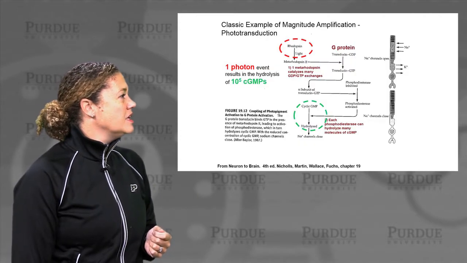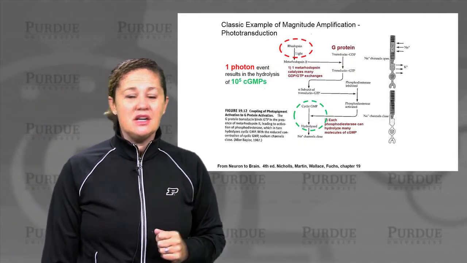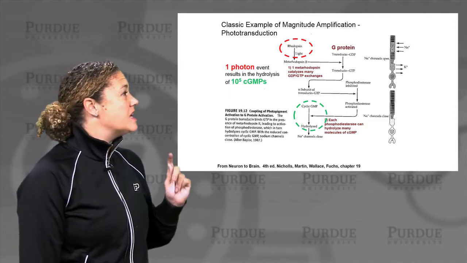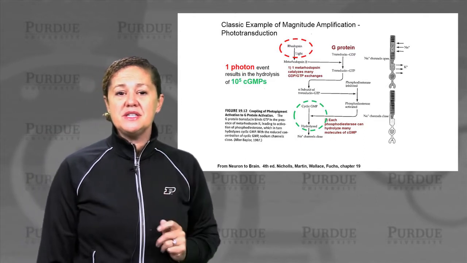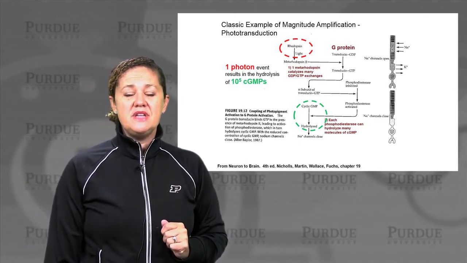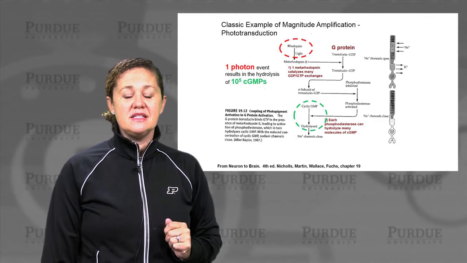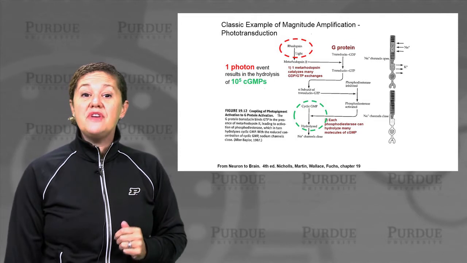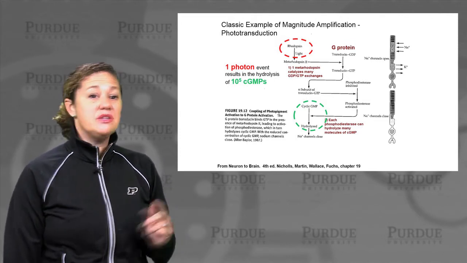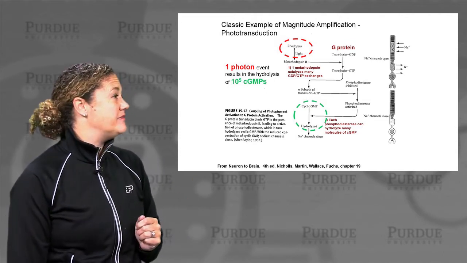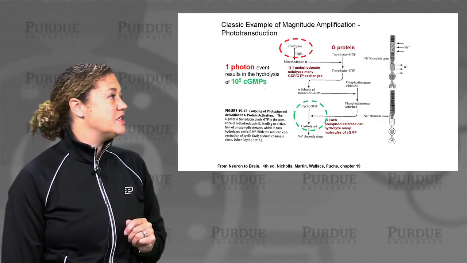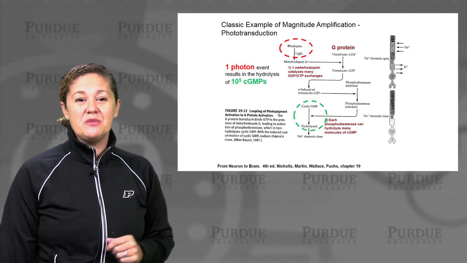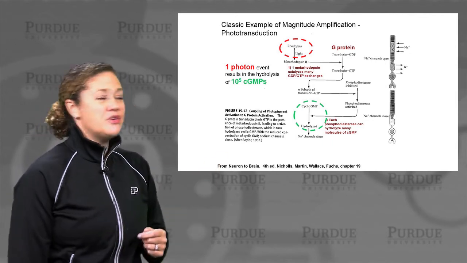Okay. So we've gotten through some definitions here, and we talked about increasing the sensitivity of the system. And in the classic example, right, biologists have known that sensitivity amplification has existed in cells for many decades, right? And the classic example of sensitivity amplification, particularly magnitude sensitivity amplification, which the example we just looked at, is a case that we've already talked about in one of our previous lectures, and that's phototransduction.